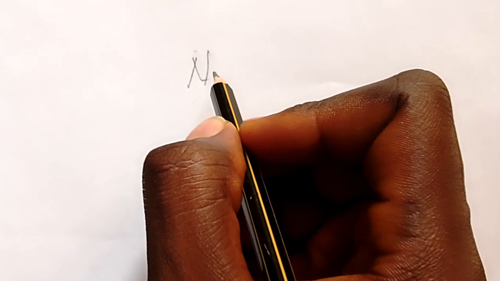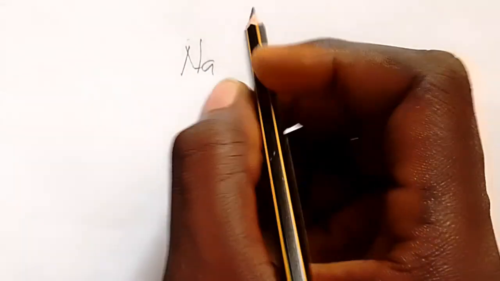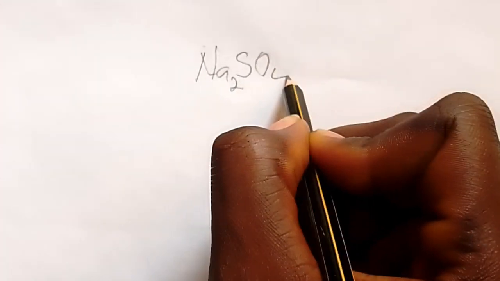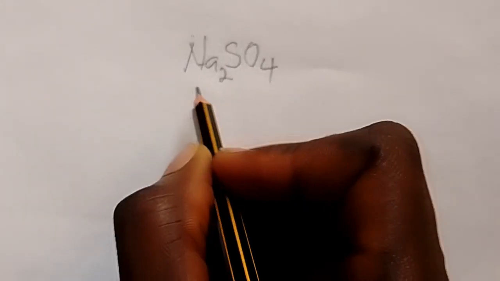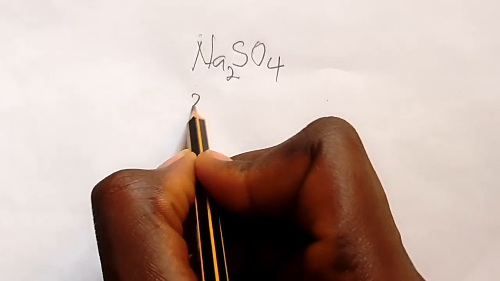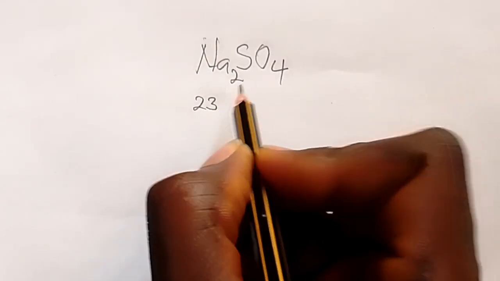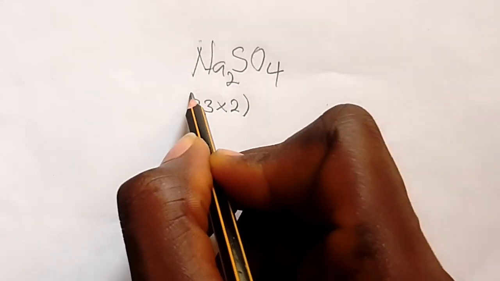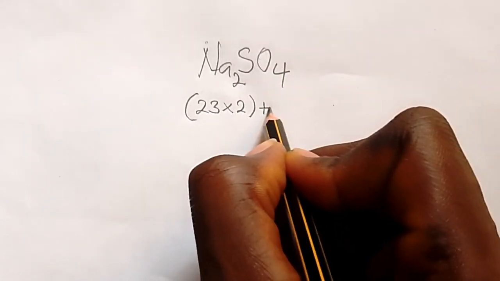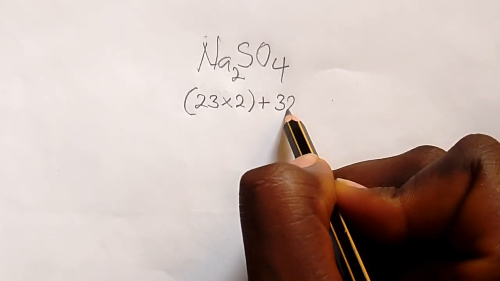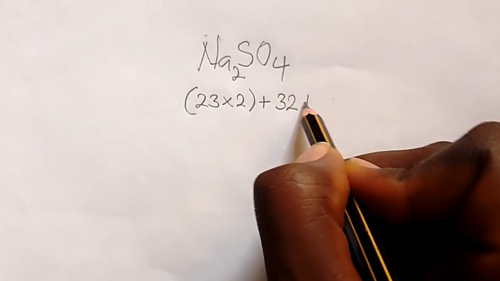Okay, so we are to calculate the relative molecular mass of sodium tetraoxosulfate(VI), Na2SO4. So the atomic mass of sodium is 23. We multiply that by 2 since it's 2 atoms of sodium. Now that of sulfur is 32. So write that down.